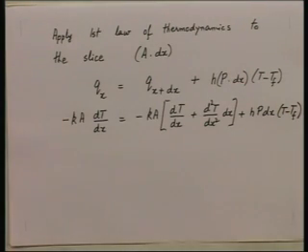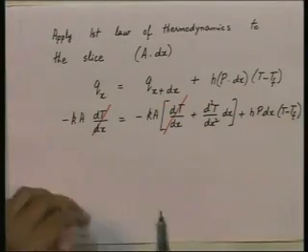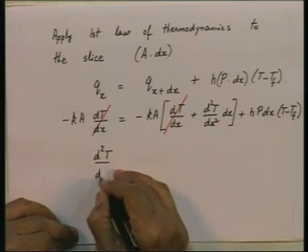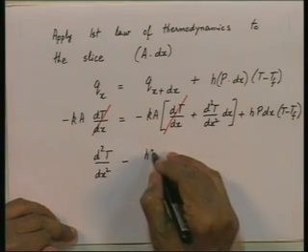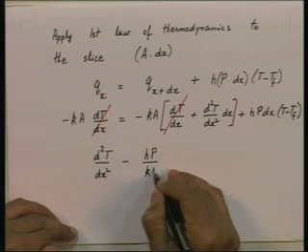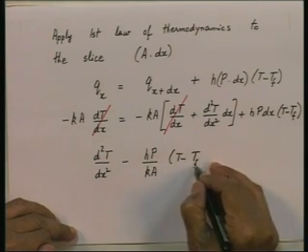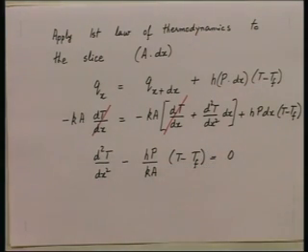Okay. And on simplification, you can see the dT/dx term is going to cancel with this. So, on simplification I will get d2T/dx squared minus hP by kA into (T minus Tf) is equal to 0. That is the differential equation I am going to get for this case.